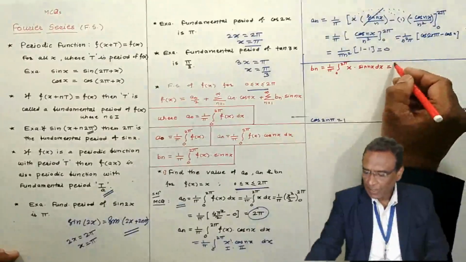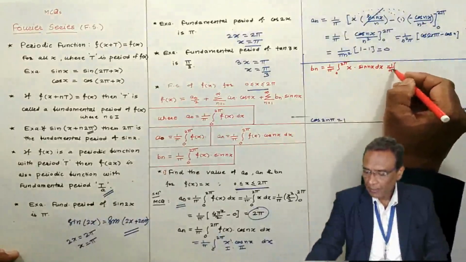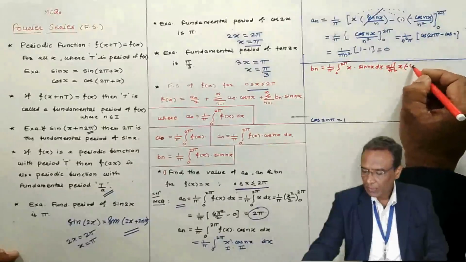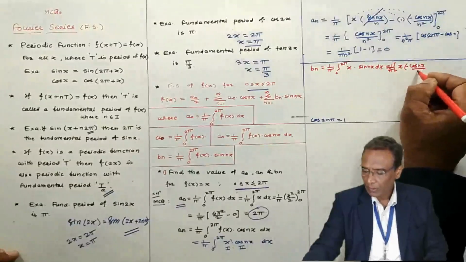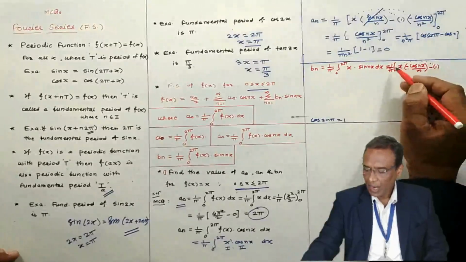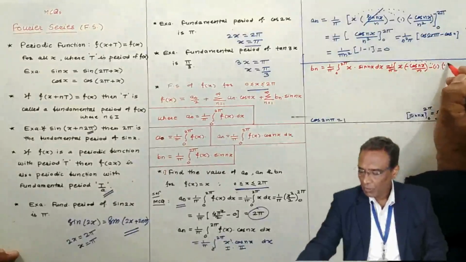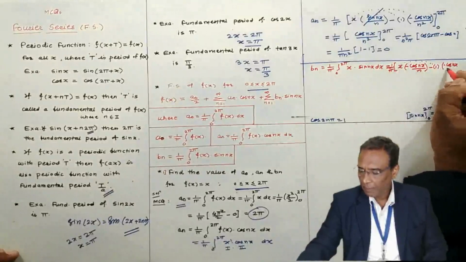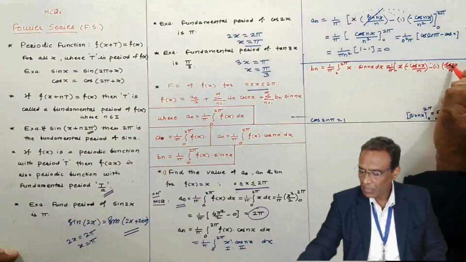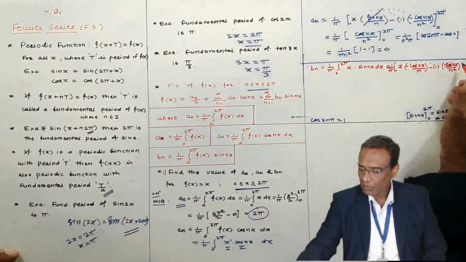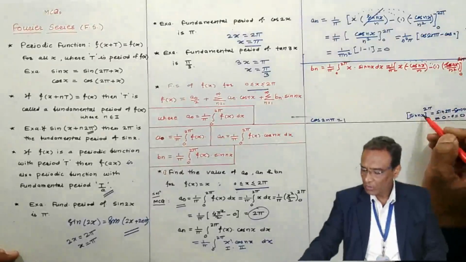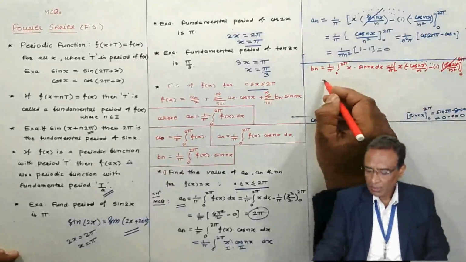Apply generalized by parts: 1 by pi is equal to, first function, integral of sin, minus derivative of x is 1, and integral of sin is minus cos nx by n, and integral of cos is sin nx by n square, plus sin, from 0 to 2 pi. Sin nx from 0 to 2 pi is 0, therefore this will get removed.